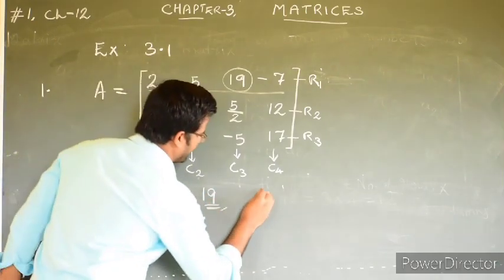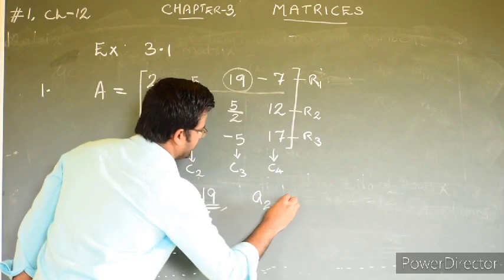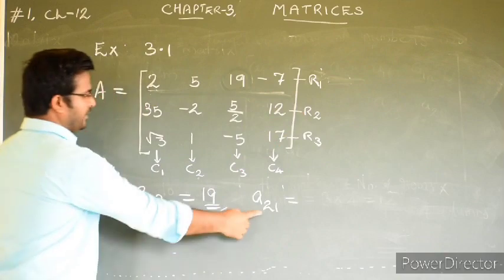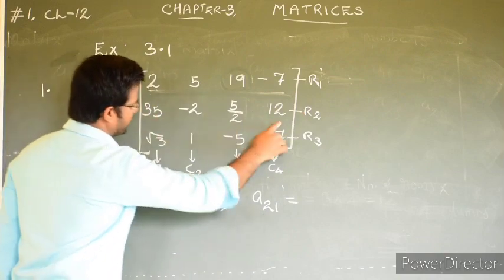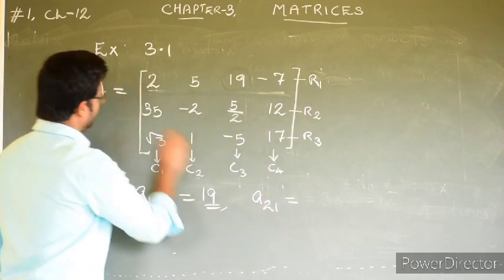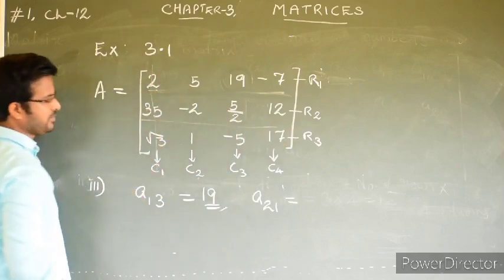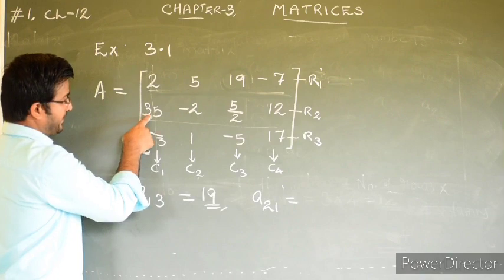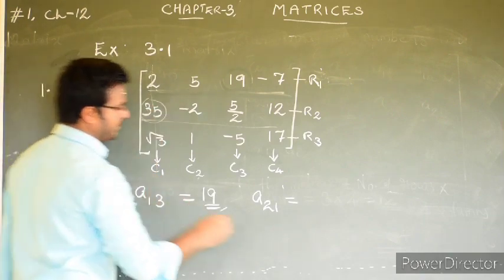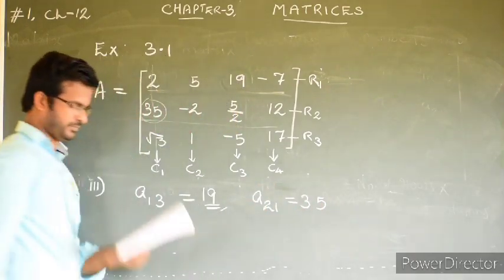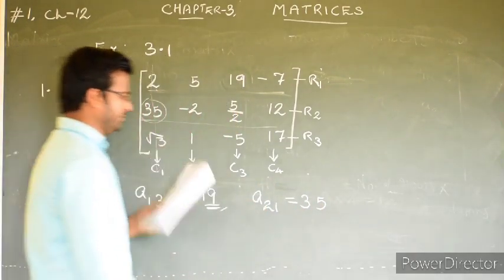Then A21. This is second row and first column. This is the second row, then this is the first column, intersecting here, 35. This is the required element, 35. Then A33.